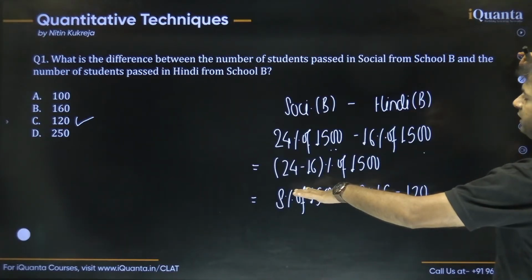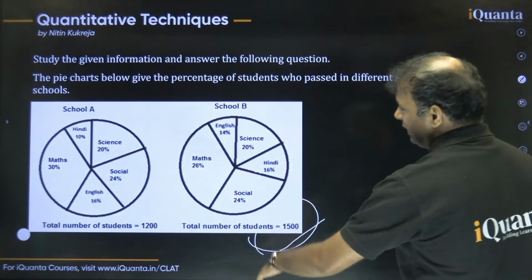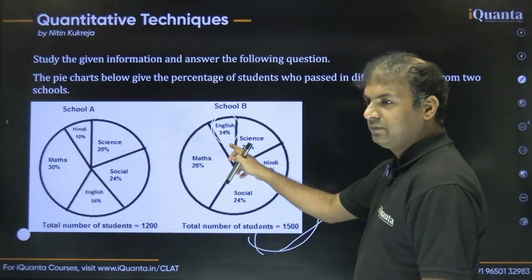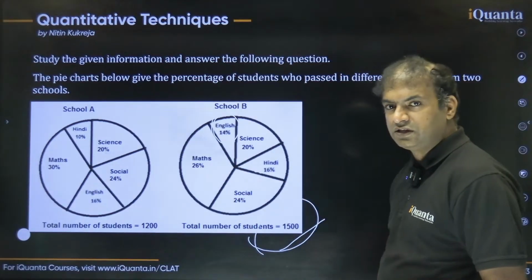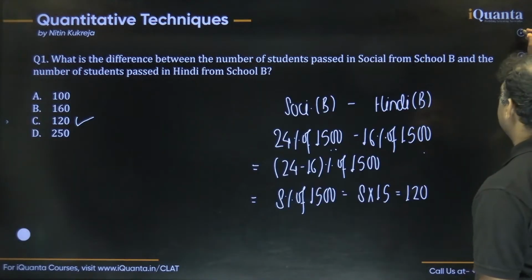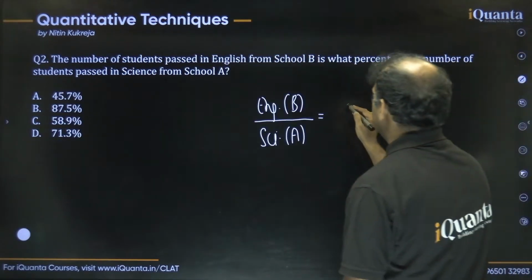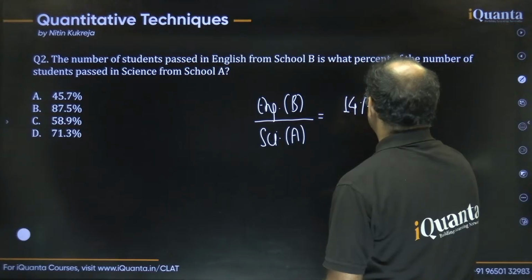Let's see that in the pie charts. English from school B is 14 percentage of the total students, which are 1500, okay? So write it, 14 percentage of 1500.